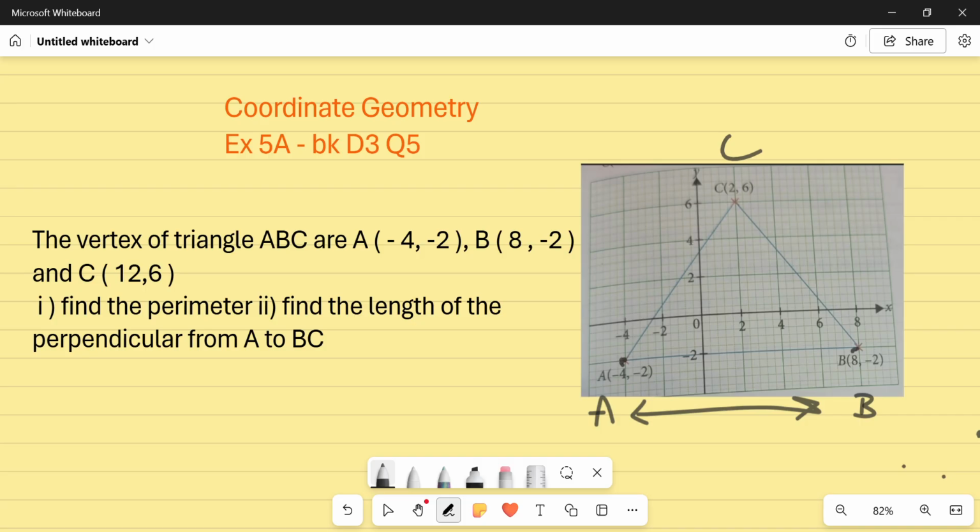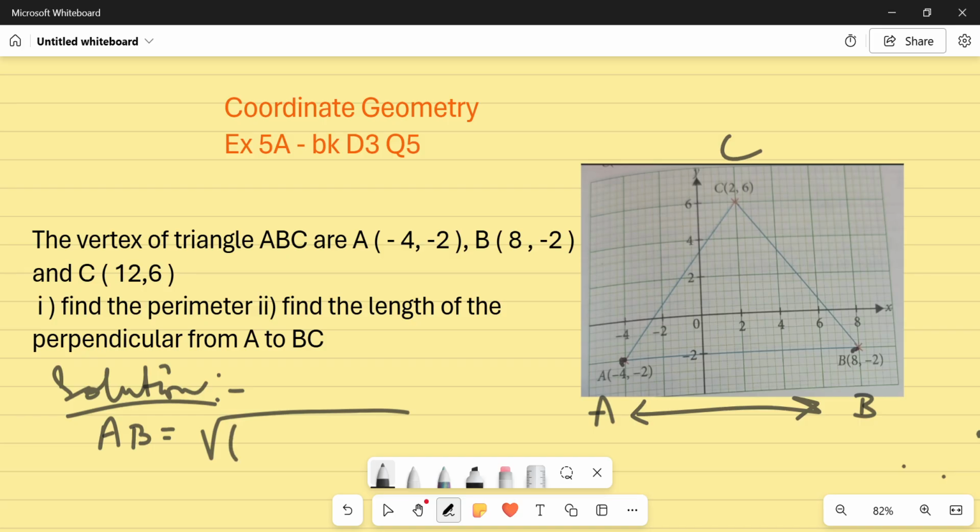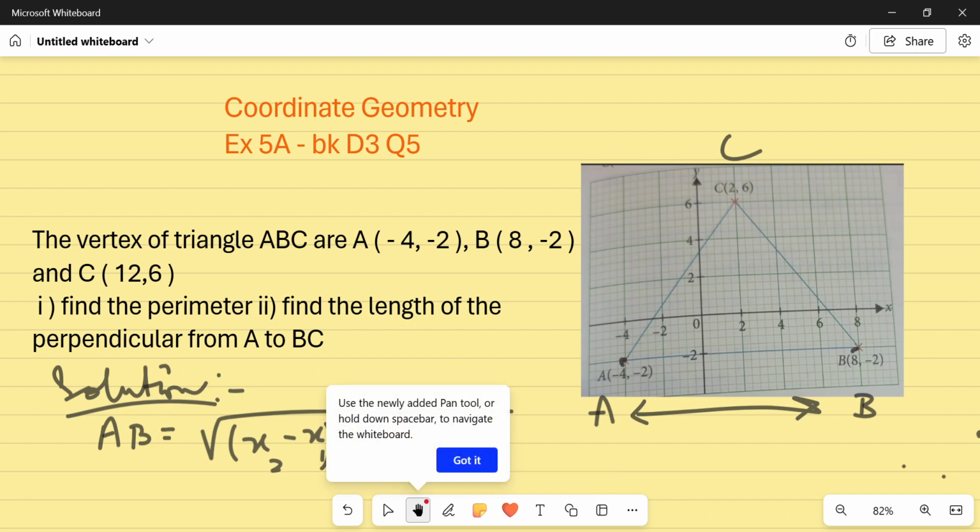To find the distance, or the length of the line segment, the formula is: AB equals the square root of (x2 minus x1) the whole square plus (y2 minus y1) the whole square. This is the formula.